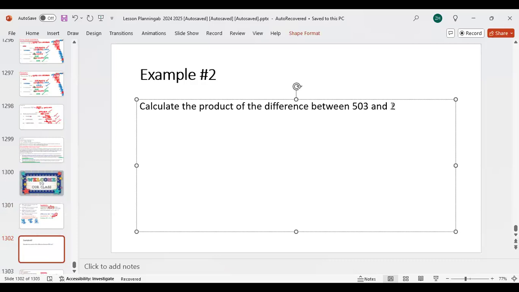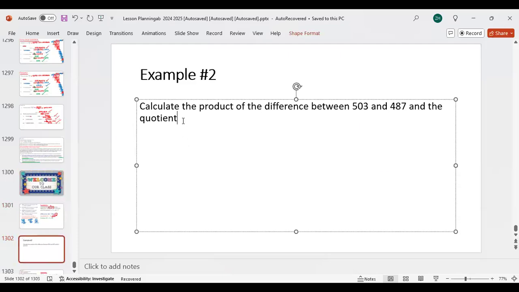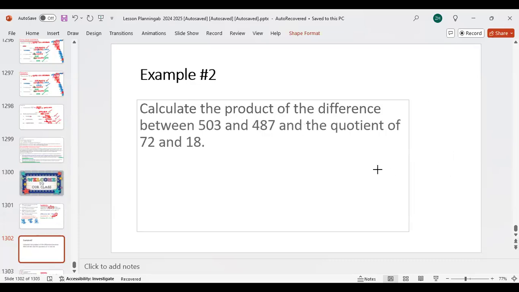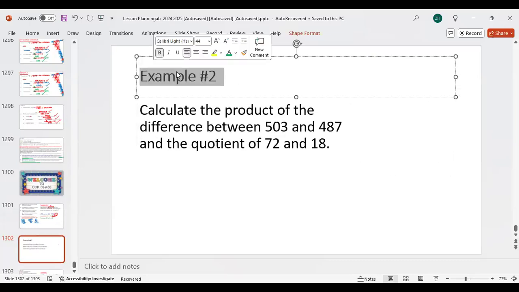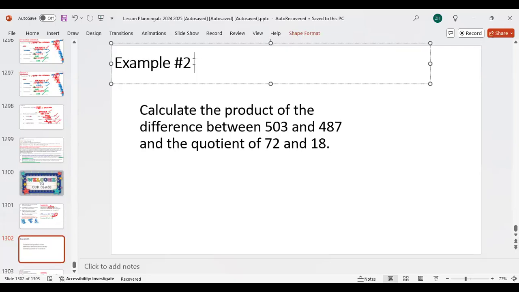Calculate the product of the difference between 503 and 487 and the quotient of 72 and 18.